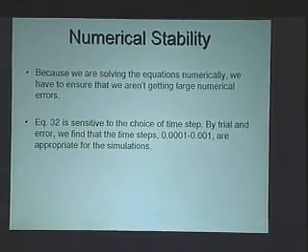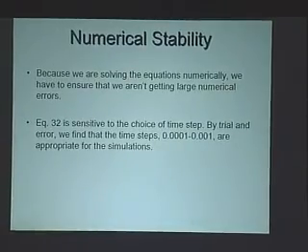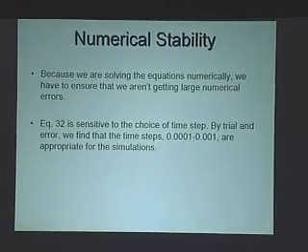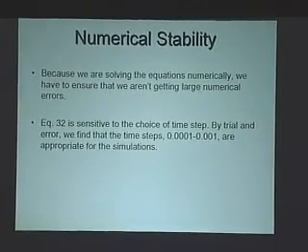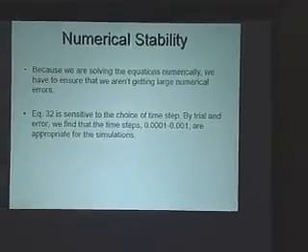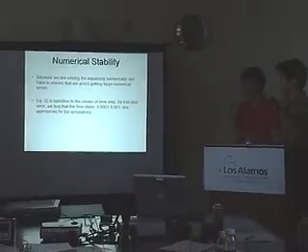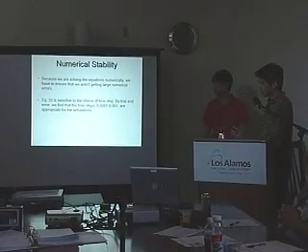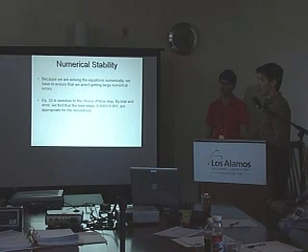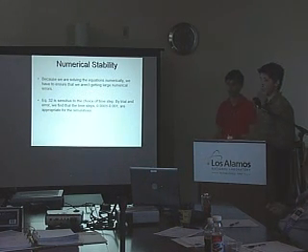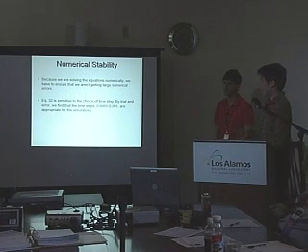Because we're solving these equations numerically, we have to ensure that we aren't getting a whole bunch of numeric error. And by trial and error, we found that time steps around 0.0001 and 0.001 are the best. You could go lower, but the problem with that is that you have to run a whole bunch of time steps in order to get somewhere.